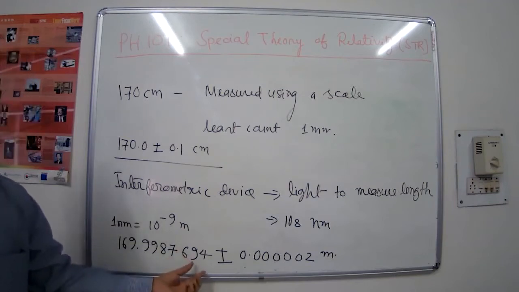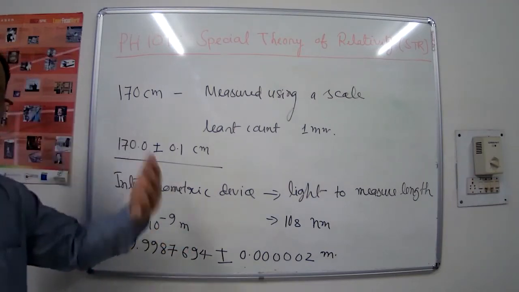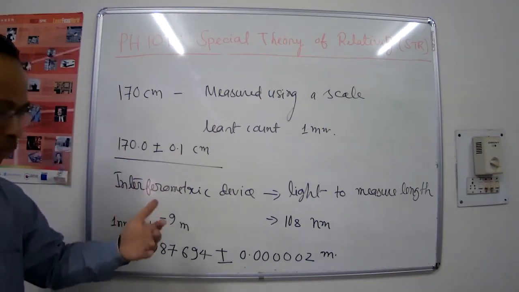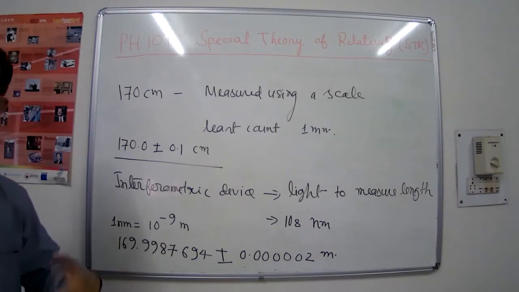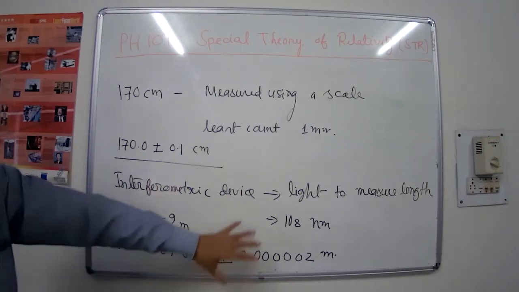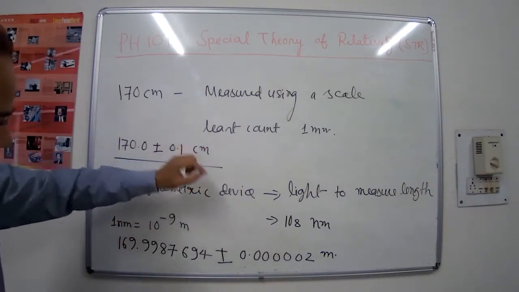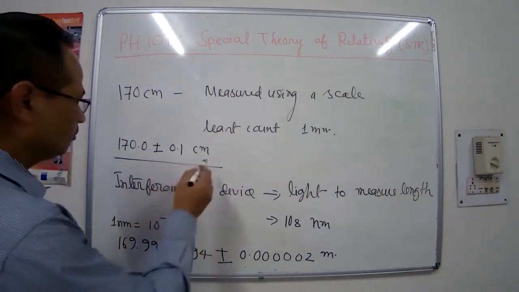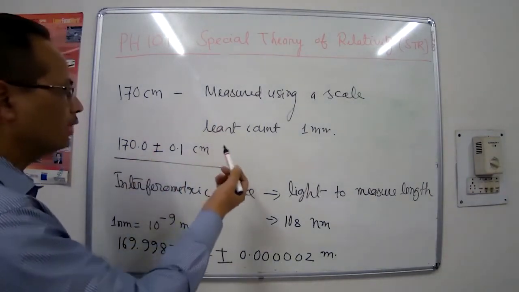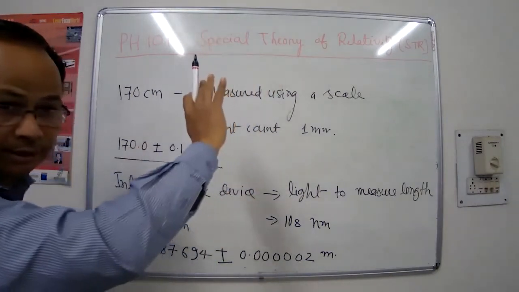However, in order to arrive at this much accuracy, maybe you have to spend more time, you have to spend more energy, and it will be a much more complicated and tedious process. So when all these are needed to arrive at an accurate value which is in fact redundant, in that case you always prefer to use a simple method, for example, something like a meter scale.